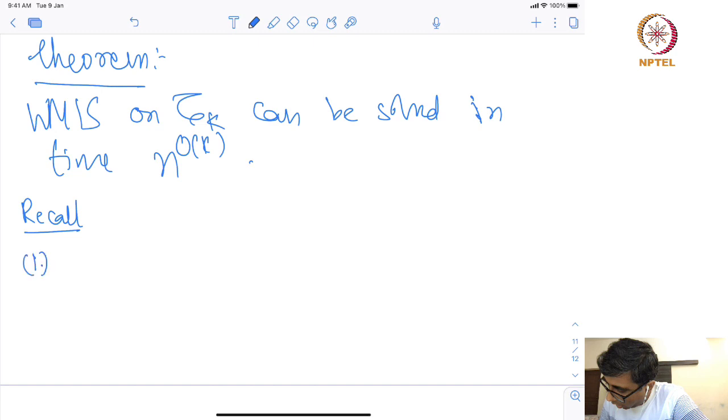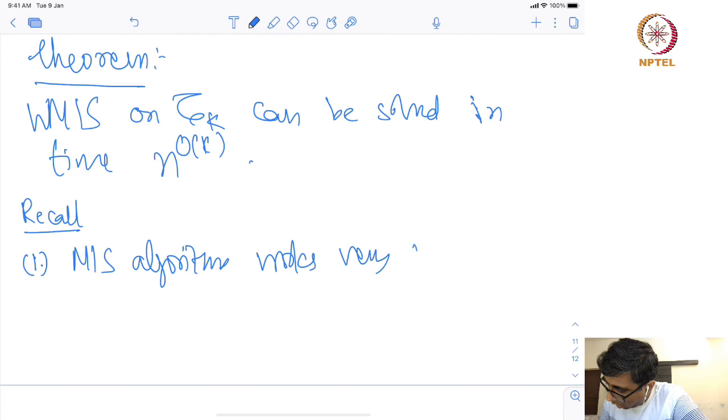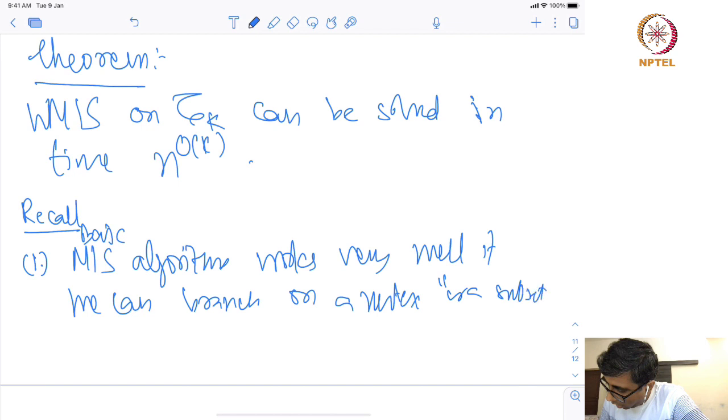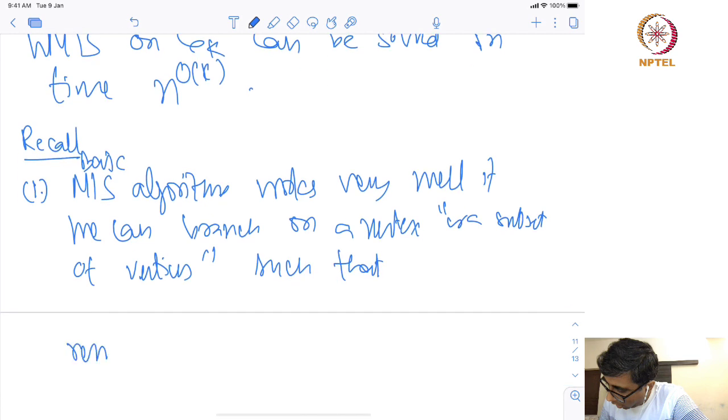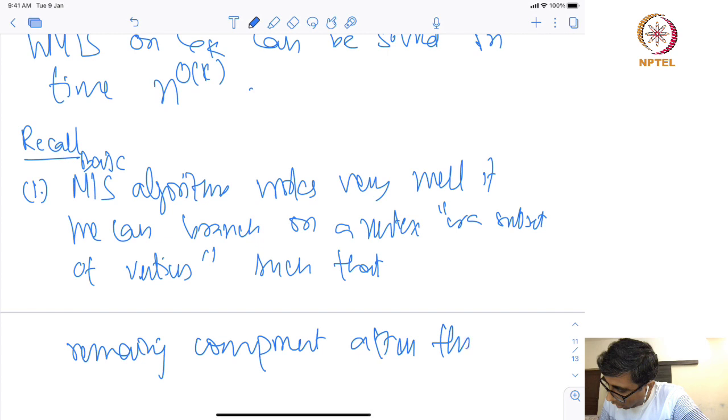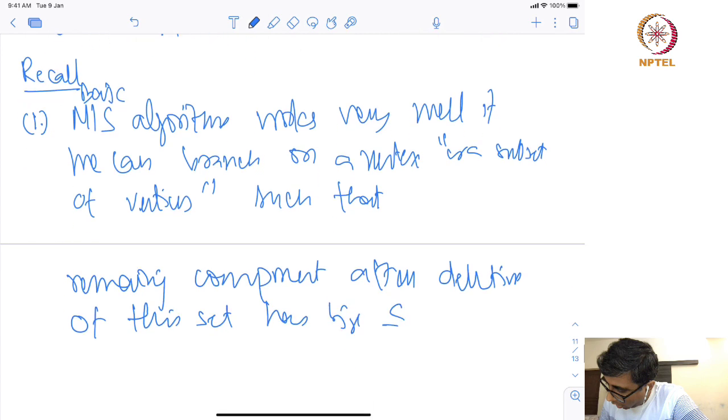The point we made is that the basic MIS algorithm works very well if we can branch on a vertex or a subset of vertices such that the remaining components after deletion of this set have size at most half of the original.